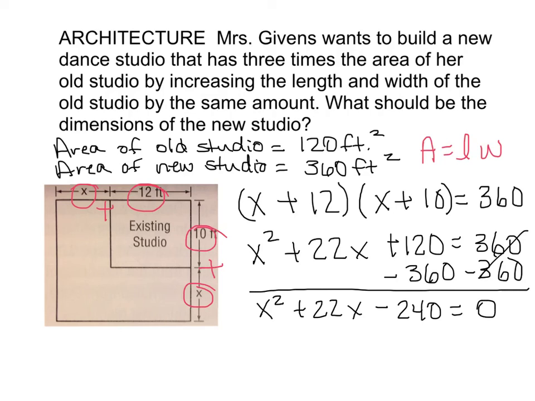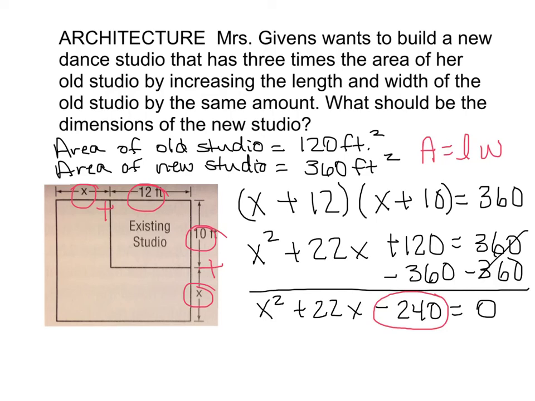Now this is going to be the same procedure that we did with the previous problems. We're going to look at our factors for 240, and is there some combination of those factors that will give me that middle term of a positive 22.